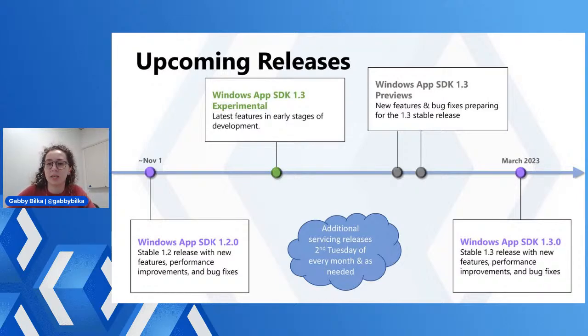So for our stable release, we're aiming for March of 2023. That may change as time goes on, but I think that's about 6 months from now, is our next stable release. And as always, we also will have additional servicing releases, now focusing on the 1.2 branch, on the second Tuesday of every month and as needed.